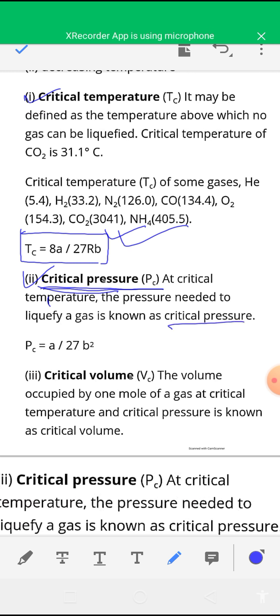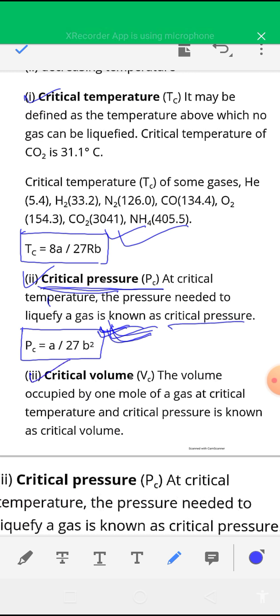The critical pressure of a gas can be calculated using the formula Pc = a/27b², where a and b are van der Waals constants, which are different for different gases.